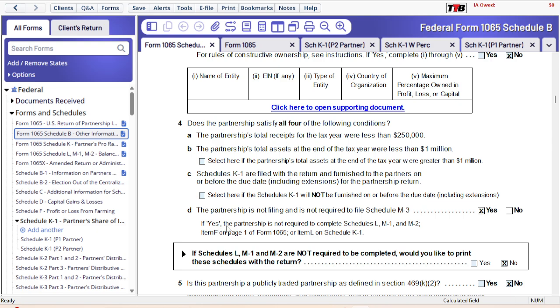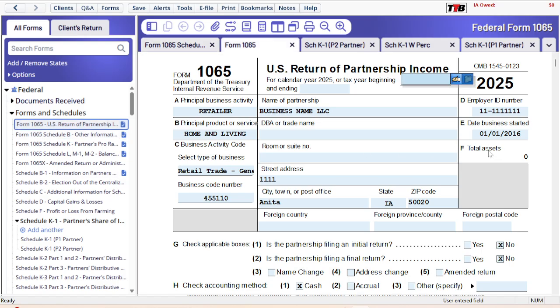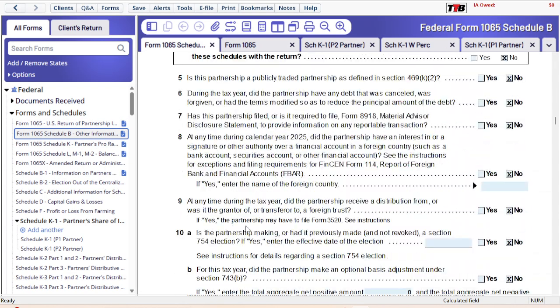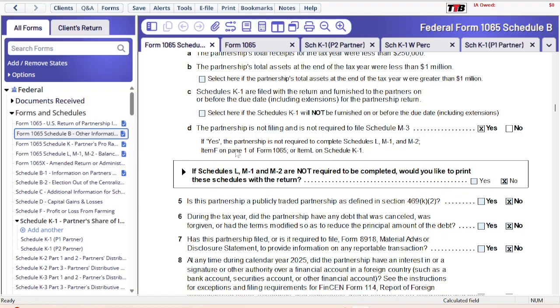And if it's yes, the partnership is not required to complete Schedule L, that is the balance sheet, Schedule M-1 and Schedule M-2, and item F of page 1, which is the total assets section here, is not required on page 1 of Form 1065, or item L on Schedule K-1.